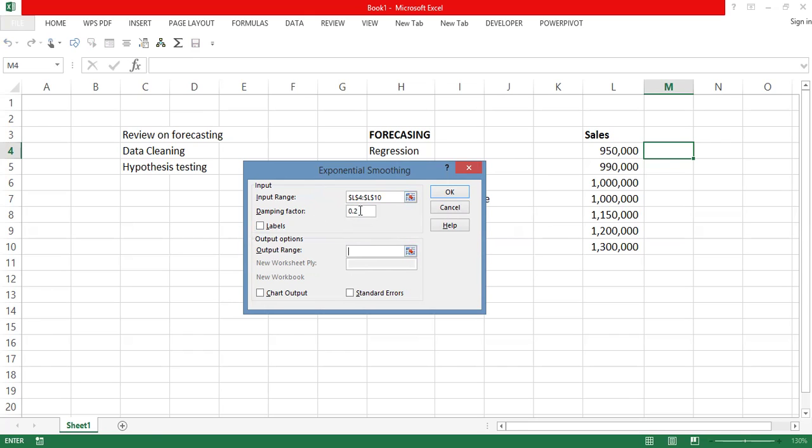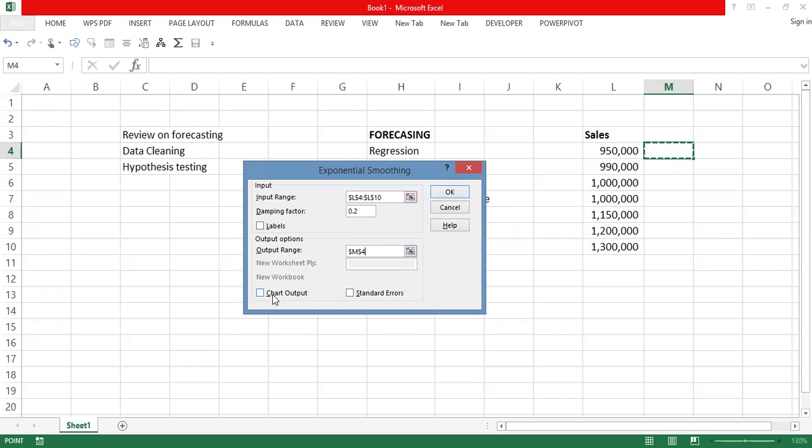Now you choose a damping factor. Your damping factor should be a fraction like this. It shouldn't be more than 1. Of course, I didn't select headings, so I'm not choosing labels. I go to output range, just click where I want the results, and then I click OK.